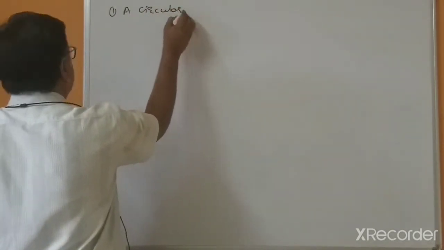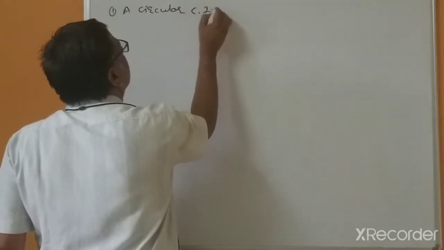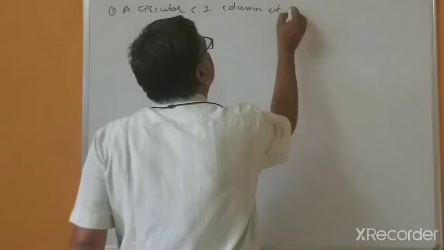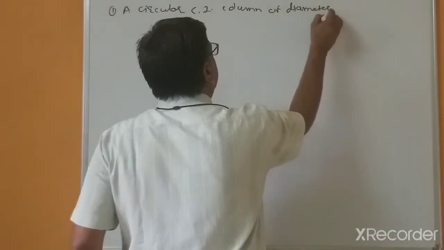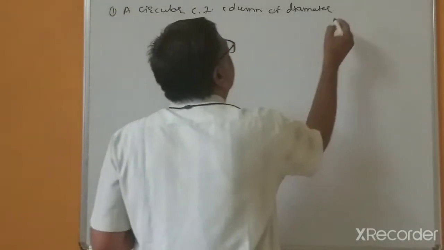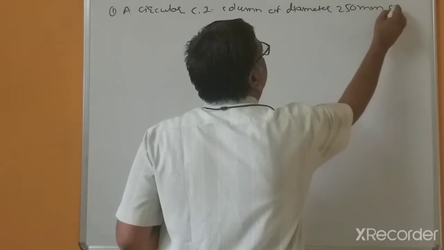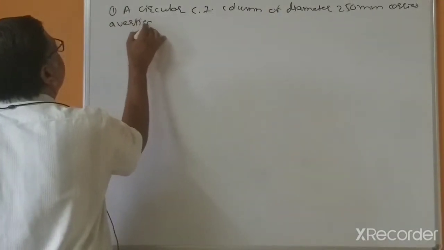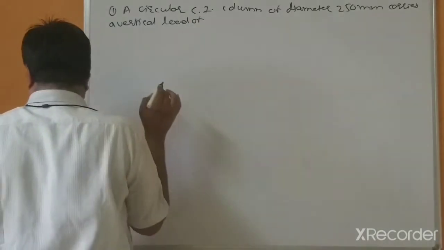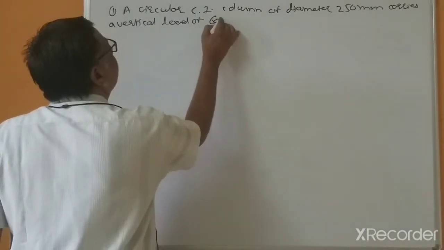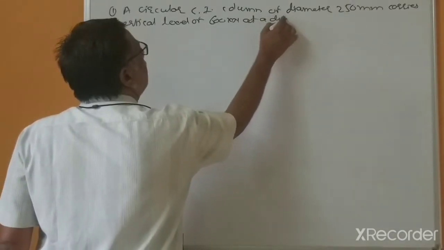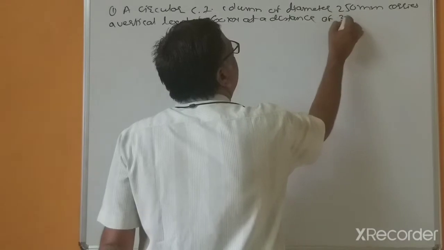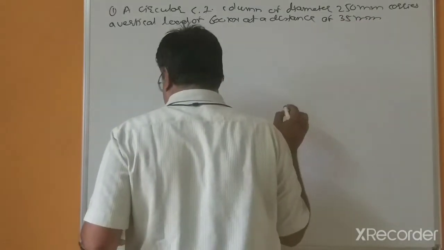A circular CI column of diameter 250 mm carries a vertical load of 600 kilonewton at a distance of 35 mm from the axis.